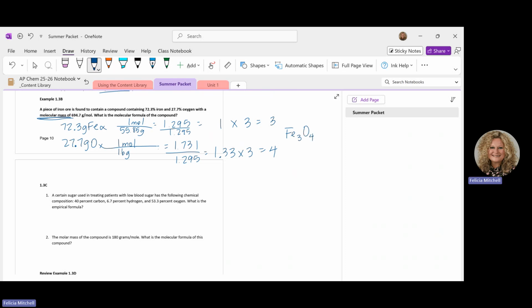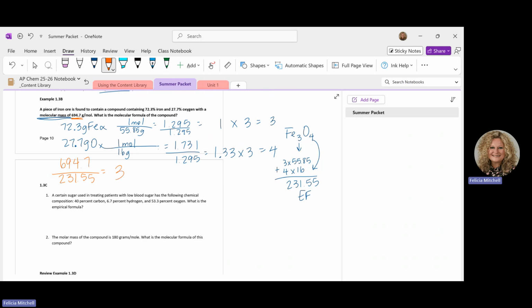Well, to get the molecular formula, I've got to get the mass of that. So 3 times 55.85 plus 4 times 16. That is going to add up to 231.55 grams for the empirical formula. Well, the molecular formula mass is 694.7. Divide that by the empirical formula mass, and I'm going to get an answer of 3.